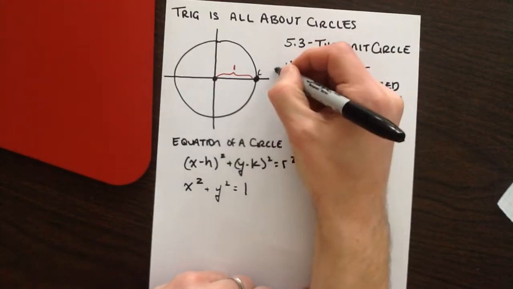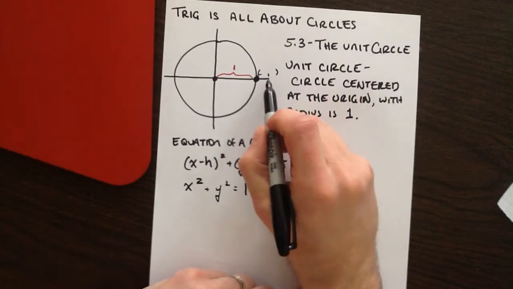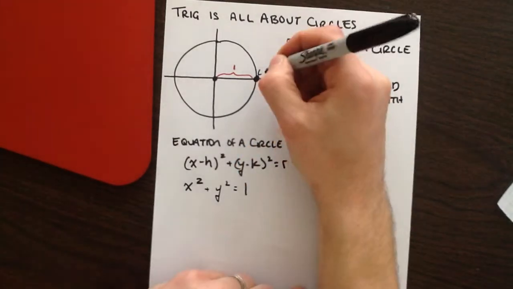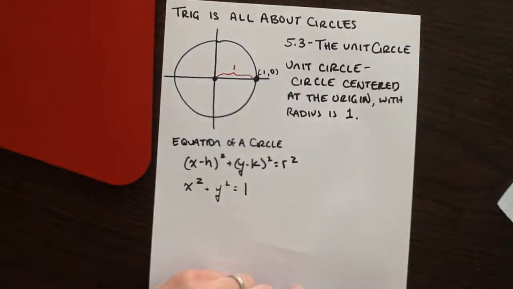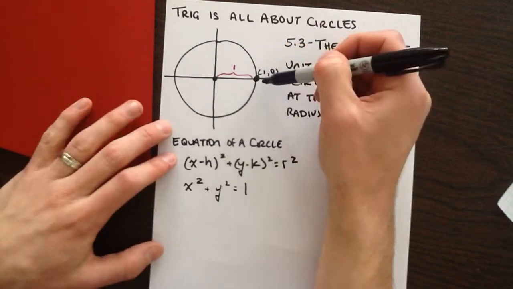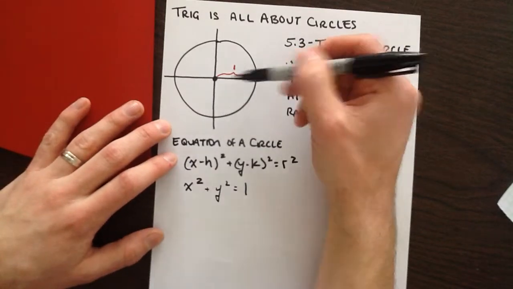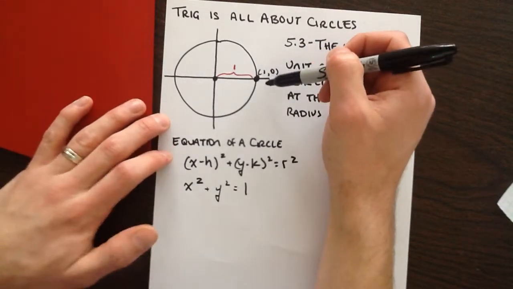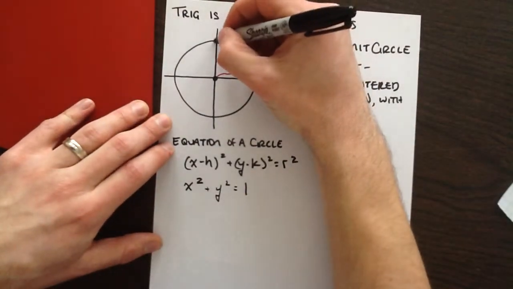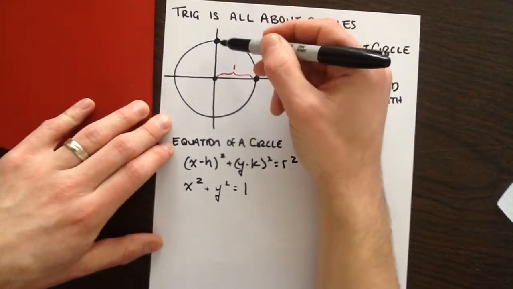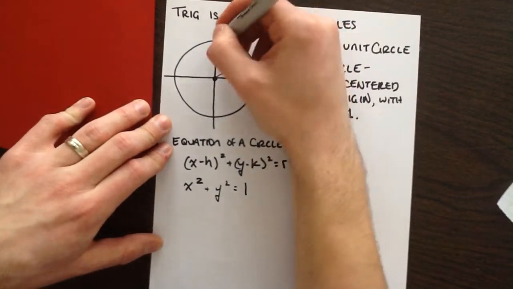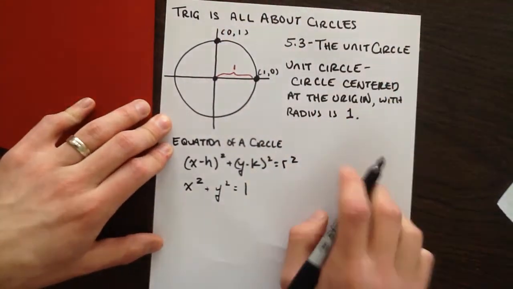It's 1, 0, because the radius extends 1 unit to the right, 0 units up or down. We can find an exact coordinate somewhere on a circle. If we go straight up, at 90 degrees, the coordinate is 0, 1.